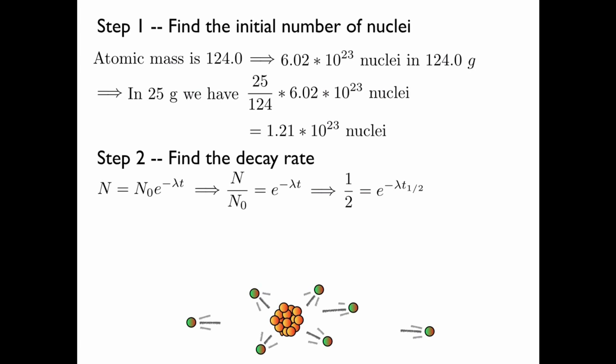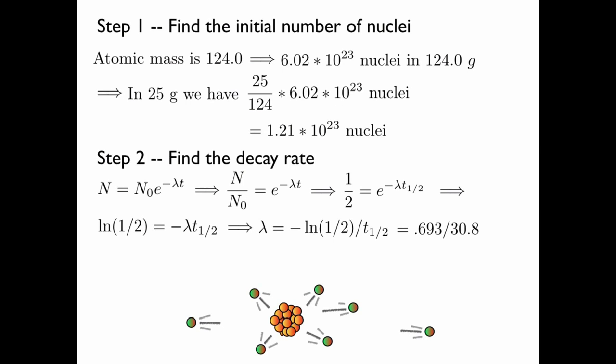In order to do this, we have to take the natural log of both sides. We can rearrange to solve for lambda. We were given the half-life, and we can calculate the natural log of 1/2. This works out to be 0.0225 inverse seconds.